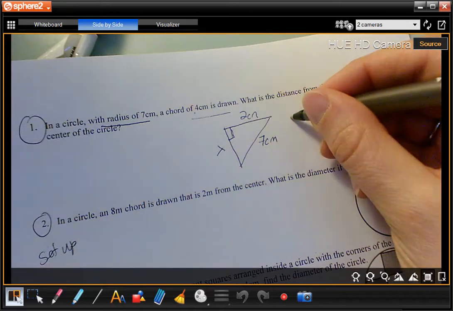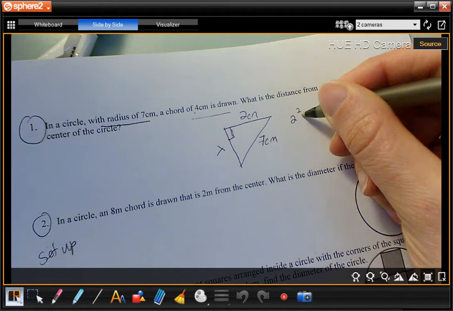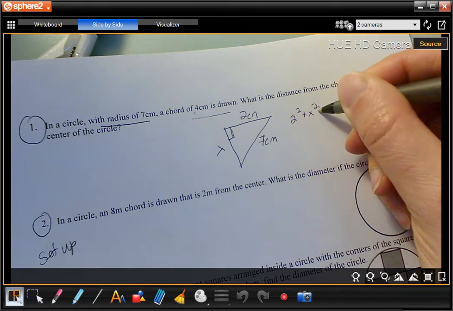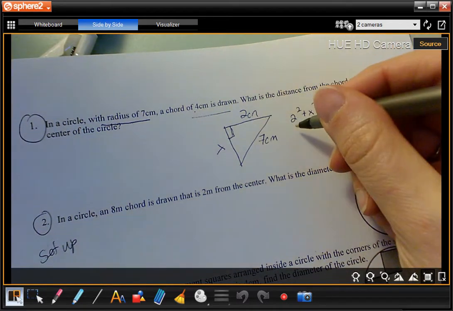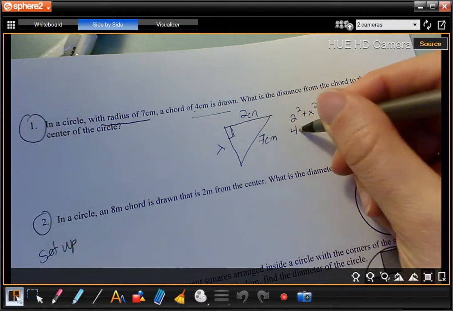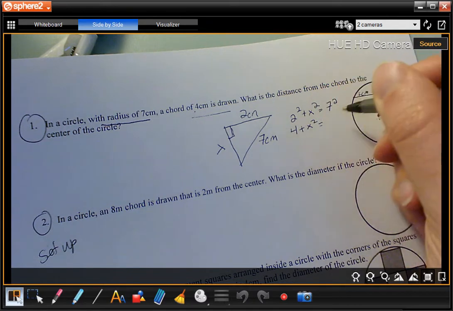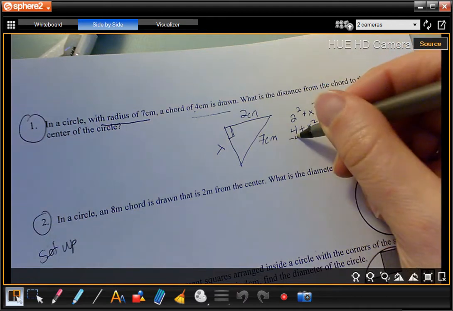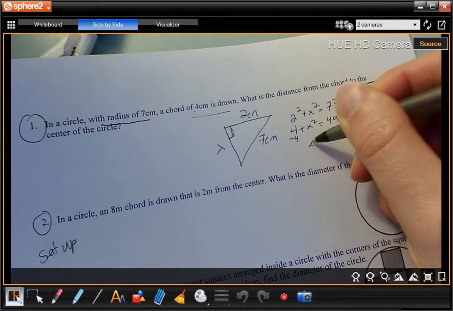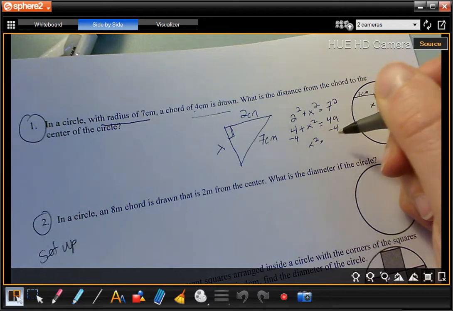I'm going to say 2 squared plus x squared equals 7 squared. I'm going to get 2 times 2 is 4, plus x squared equals 49. I'm going to subtract 4 from each side, and I'm going to get x squared equals 45.